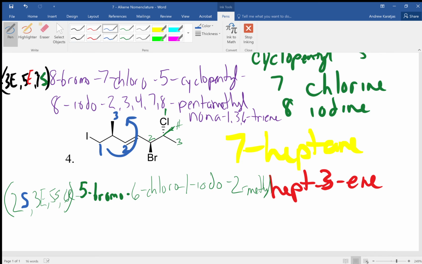Don't get overwhelmed by the fact that there's 10 substituents or there's 3 stereocenters. Go through your steps. Find the parent chain. Figure out which direction to number it. Name your substituents. Find your R and S. Find your E and Z. And if you do those just one at a time, even these really long, complex examples won't seem quite so bad.